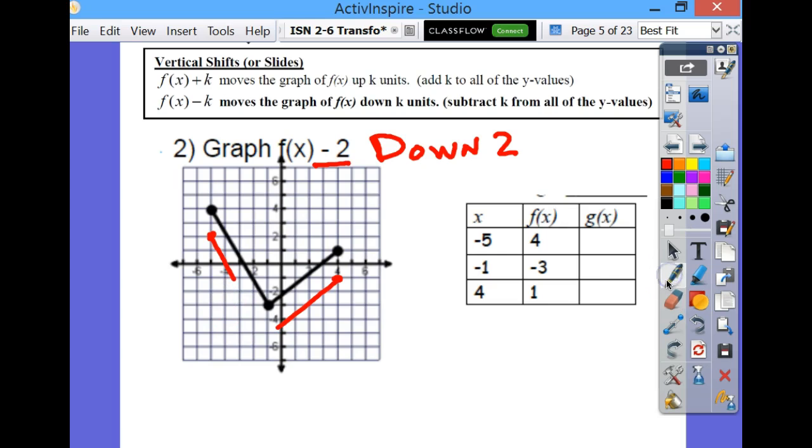I can just count on the graph, or I can actually go over here and subtract 2 from all the y values, and these x's and these y values go with this graph right here, g of x. Is that hard? Not too hard? You got that?